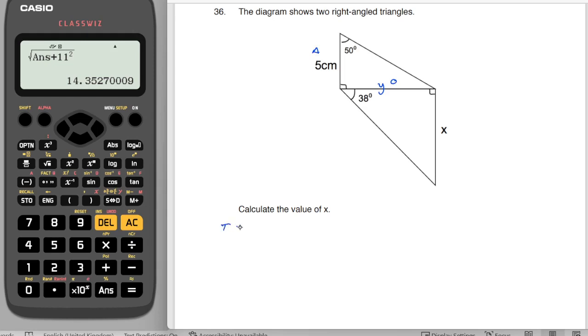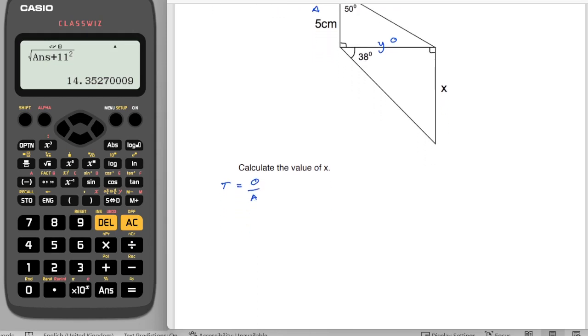So tan is equal to opposite over adjacent. The version that we want is to work out the opposite. So if I rearrange that, the opposite is going to be equal to tan times by the adjacent. So y is going to be equal to the tan of 50 times by 5. I'm going to leave it like that for now.